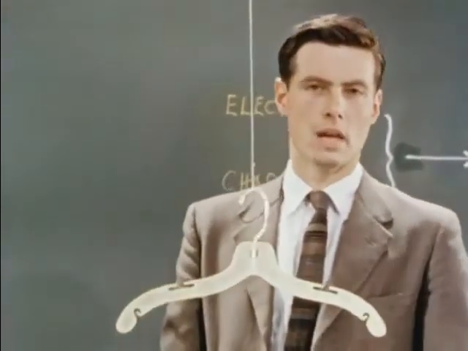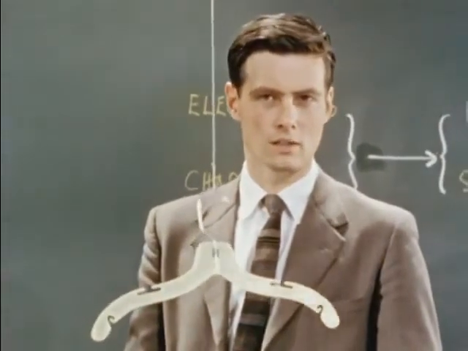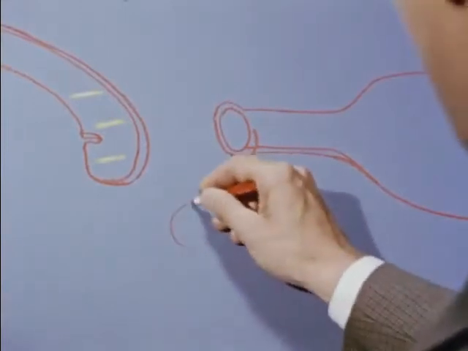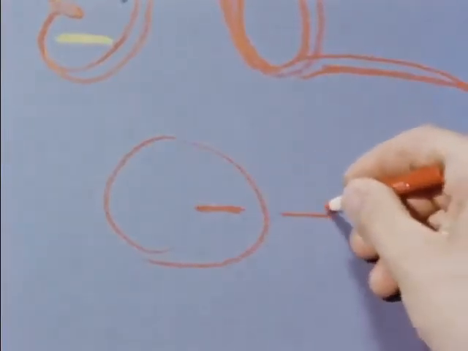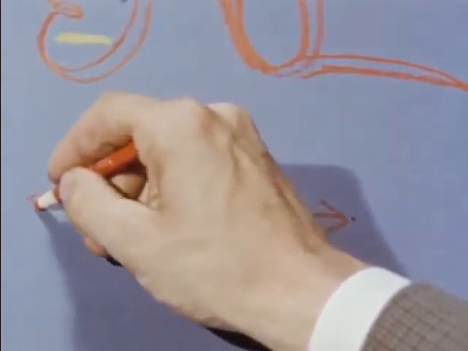Now, in these cases, we know there cannot be any simple migration of electrons over the insulating surface. It must be that the negative part of each insulator molecule is pushed away slightly, and the positive part pulled nearer.